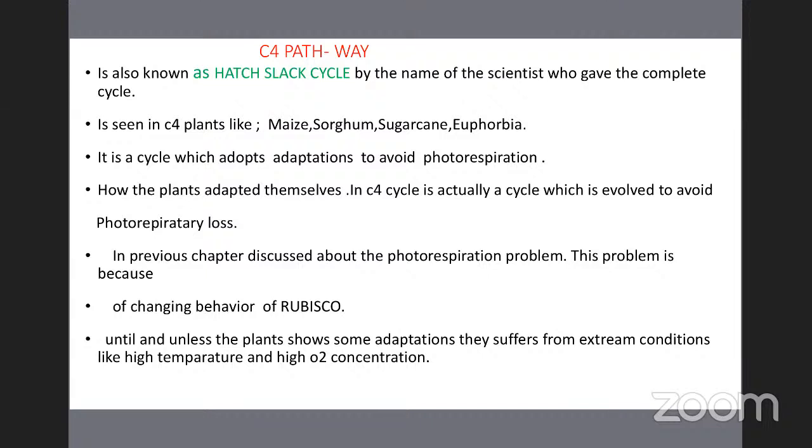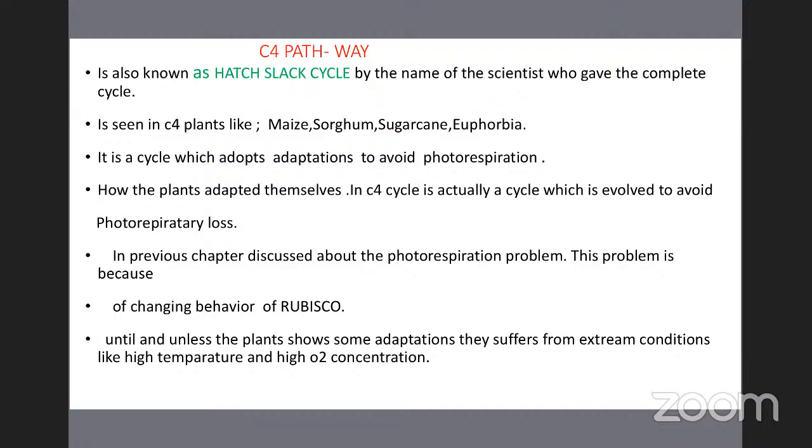This problem is because of the changing behavior of the Rubisco enzyme, which changes its nature according to environmental conditions like high temperature and high oxygen concentration. Under these two extreme conditions, Rubisco acts as carboxylase or oxygenase.